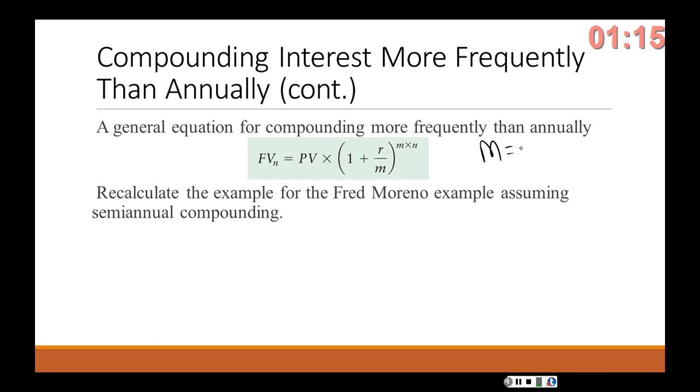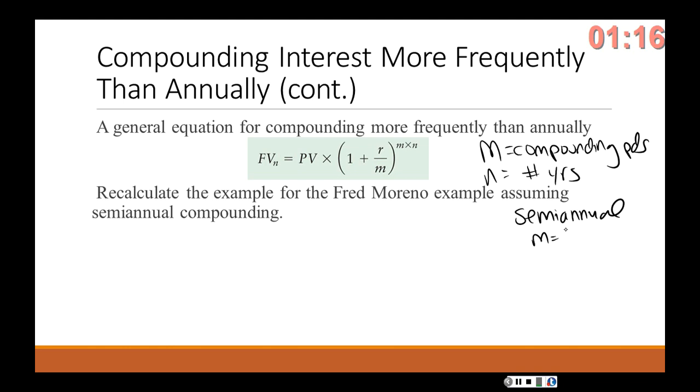So M is compounding periods, and N is number of years. If we were looking at semi-annual, M would be 2. If we're looking at quarterly, M would be 4. Monthly, M would be 12. So it's the number of compounding periods within the year, and N is the number of years.